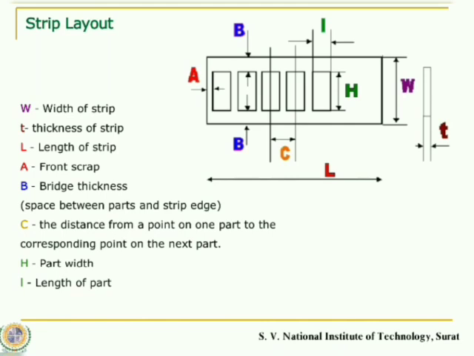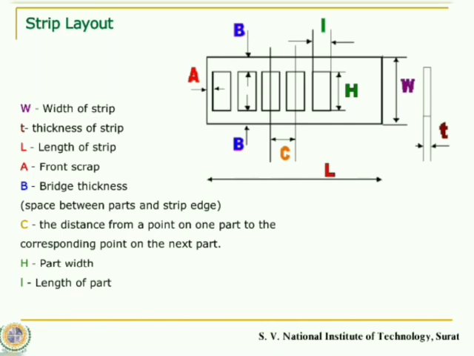It also needs to be ensured that the distance between the part and the strip edge is maintained as B along the width. So on both sides there would be 2B as the scrap portion.